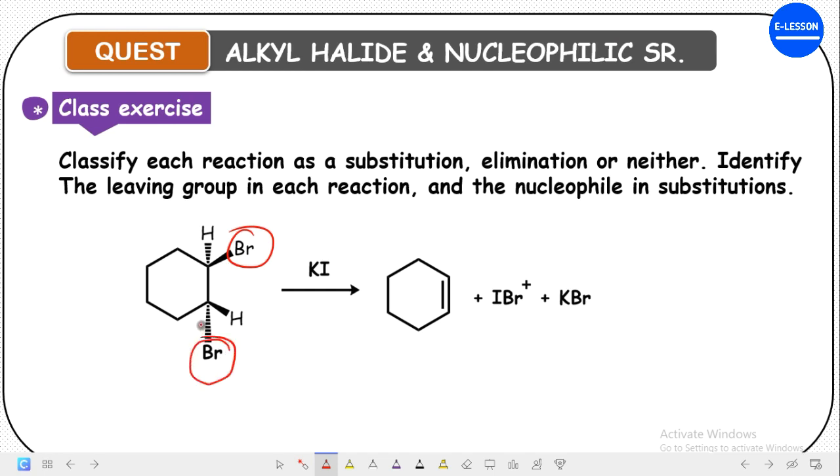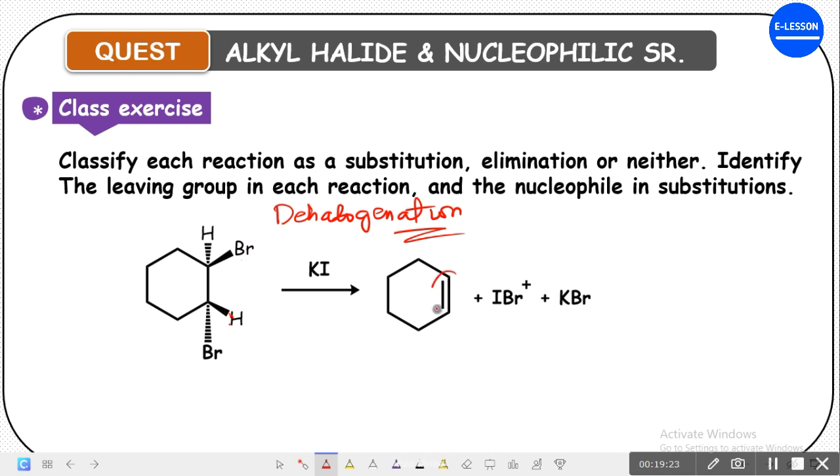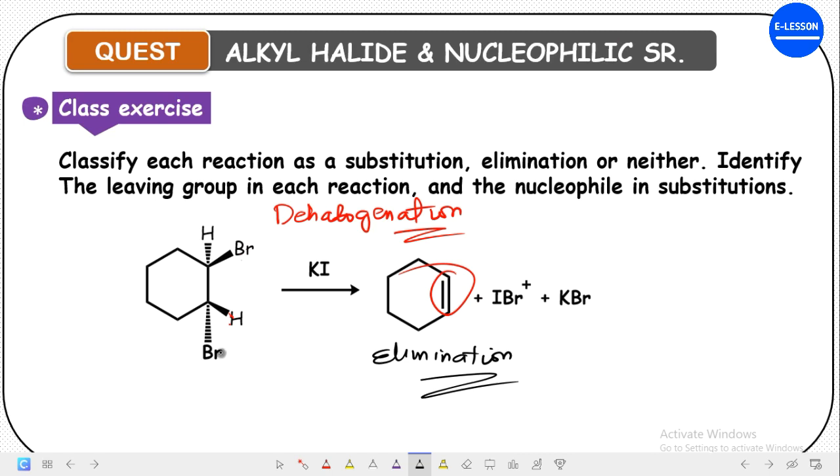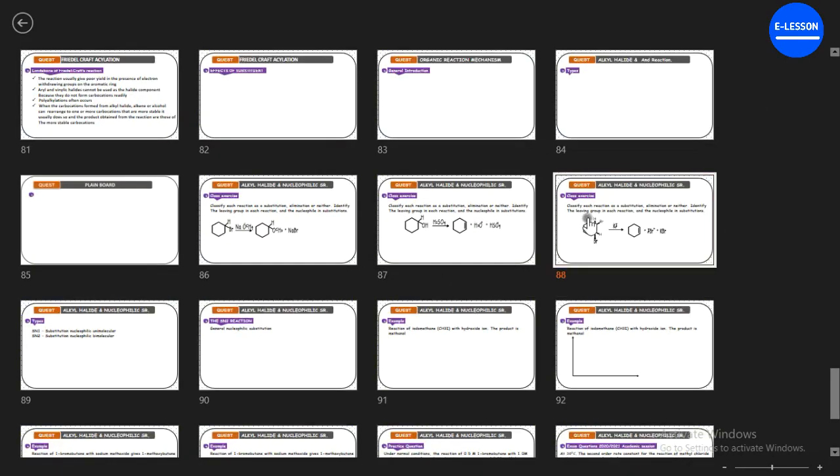Now elimination reaction is a reaction whereby these two groups, hydrogen and bromine, will leave. Are you getting it now? We can say this is the halogenation reaction, whereby two halogens are removed from this compound, so it forms a double bond. So we can say that this is also an elimination reaction. But with this one you need to be very careful. That is how to classify them as either elimination or the rest.